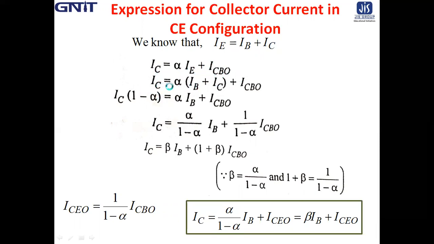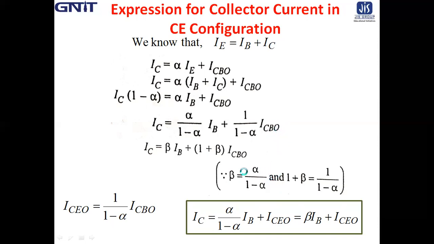So IC is equal to alpha into IE, and IE means IB plus IC, plus ICBO. After simplification, taking IC common, IC into 1 minus alpha equal to alpha IB plus ICBO. Therefore, IC is equal to alpha by 1 minus alpha IB plus 1 by 1 minus alpha into ICBO.